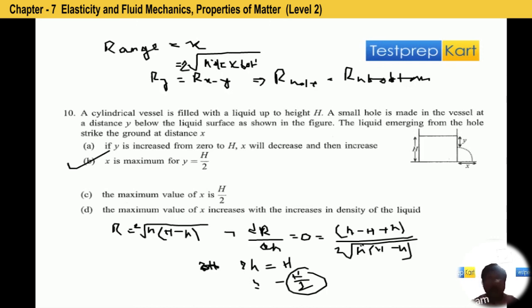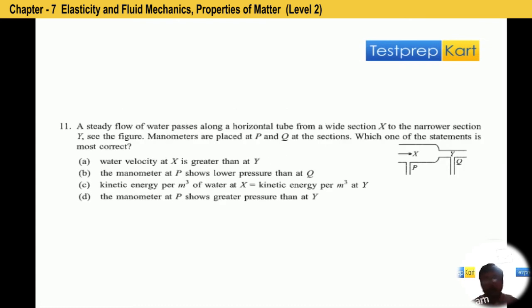So next question, that is also an important question. A steady flow of water passes through a horizontal tube from a wide section X to the narrower section Y. See the figure. Manometers are placed at P and Q in the sections. Always remember another important thing that I must tell you.